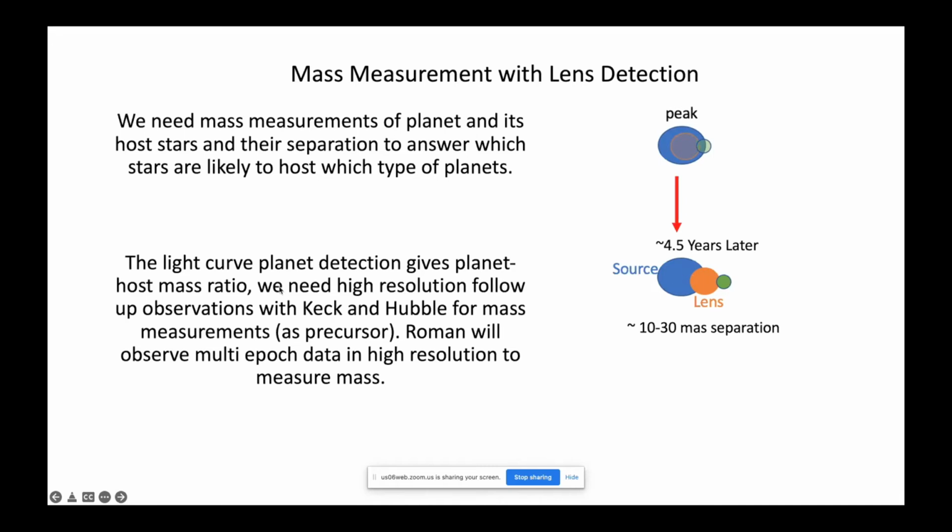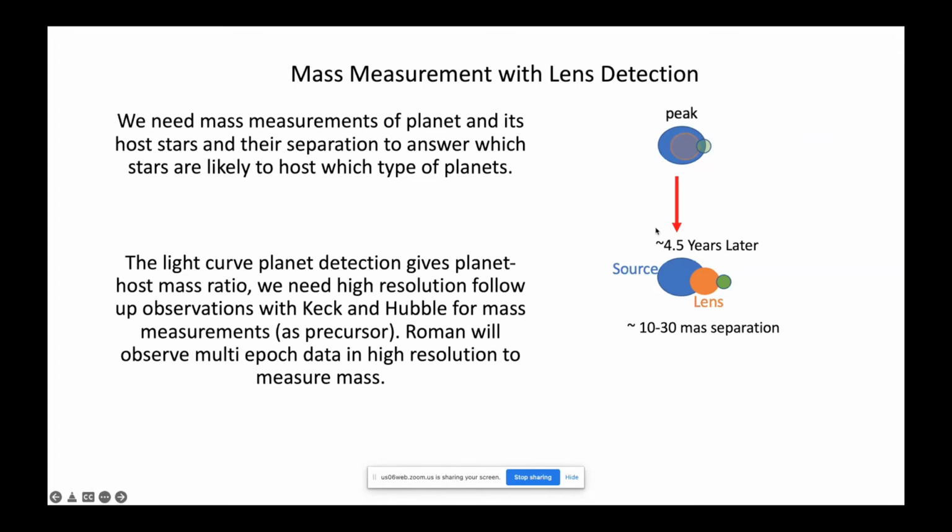Currently we have a precursor program with both Keck and Hubble for doing this kind of mass measurement and developing this method. But the good thing about Roman is that it will not only be observing these 72-day epochs with the time domain, but also observing in high resolution, and in multiple epochs.